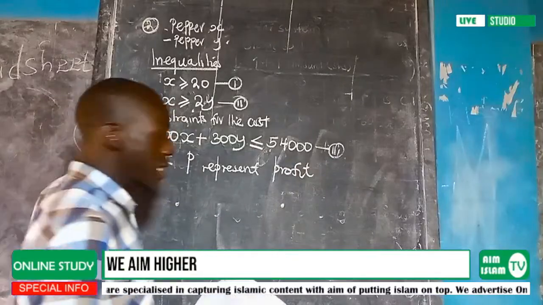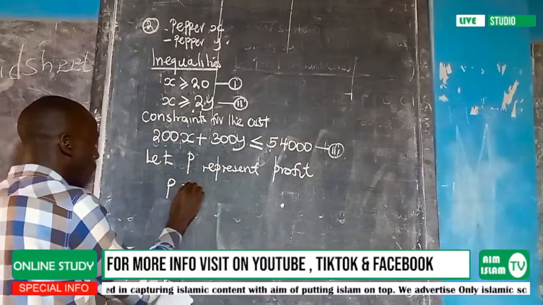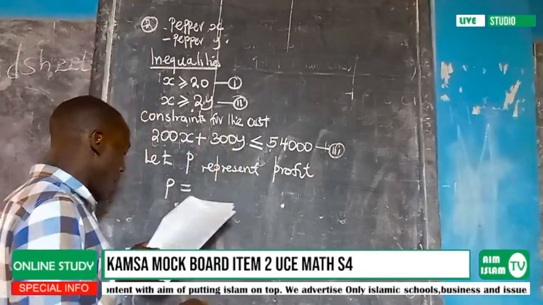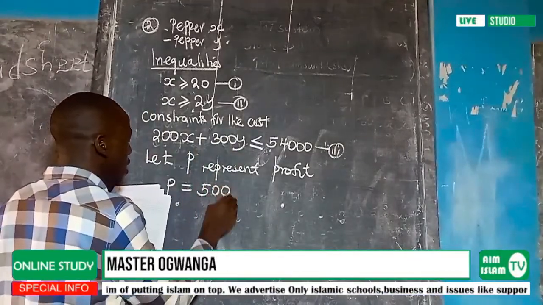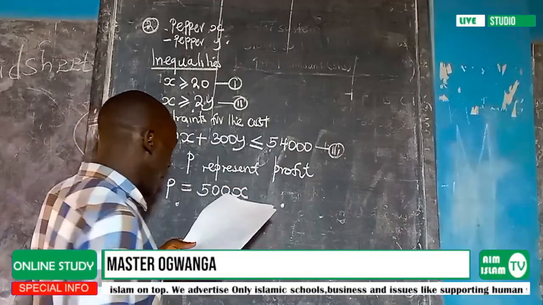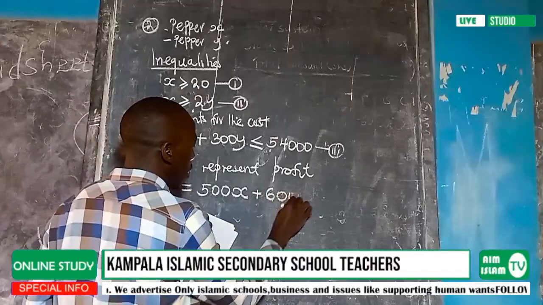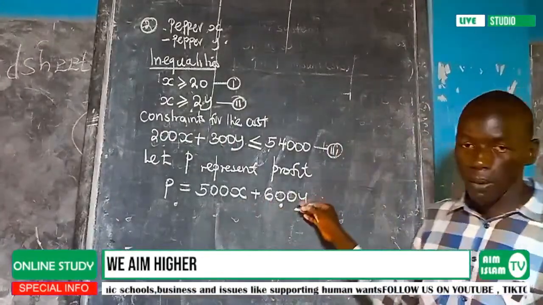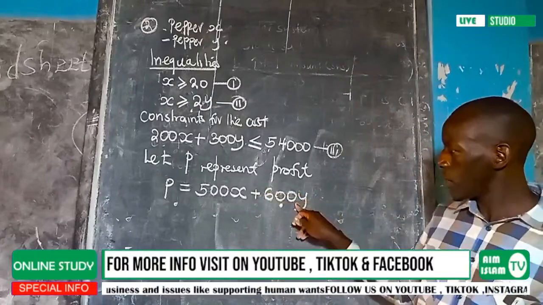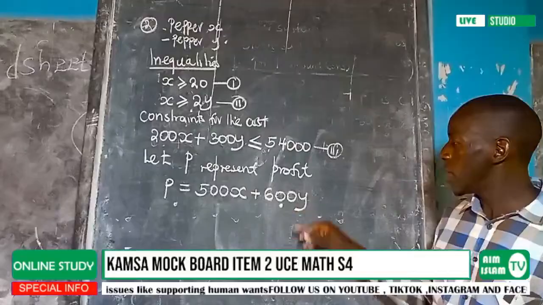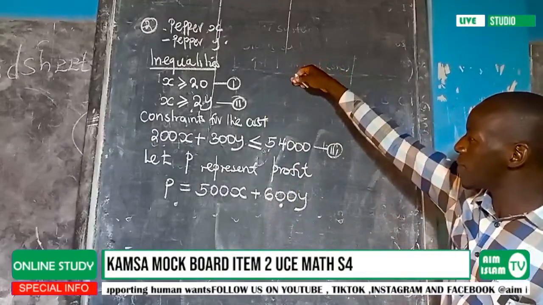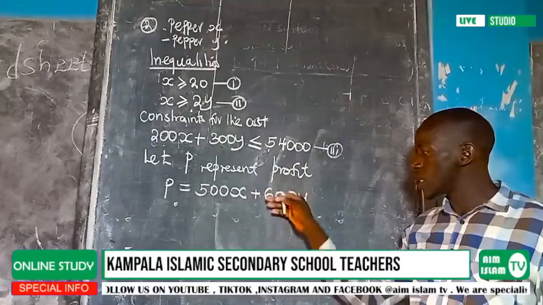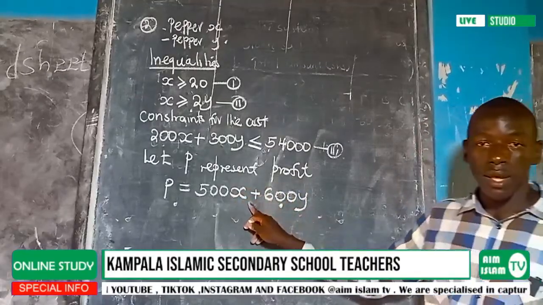If P represents the profit, meaning we are going to look at the profit in the two items, that is the paper X and the paper Y, 500 of paper X and 600 of paper Y, to come up with the maximum profit and the numbers of paper X and paper Y.